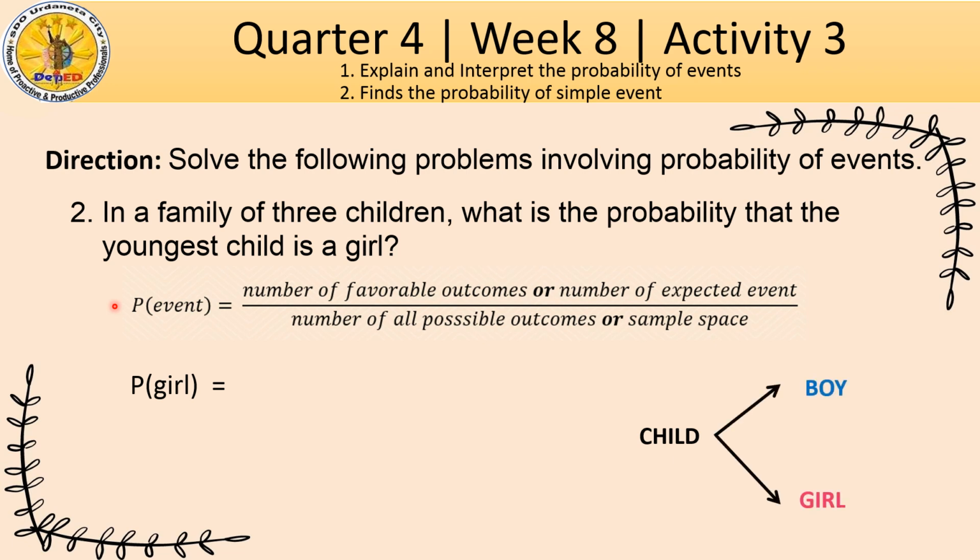So we have only 2 choices. Therefore, the number of all possible outcomes is 2. And the number of favorable outcomes is 1. Therefore, the chance or the probability that the youngest child is a girl is 1/2. And it is an even chance.